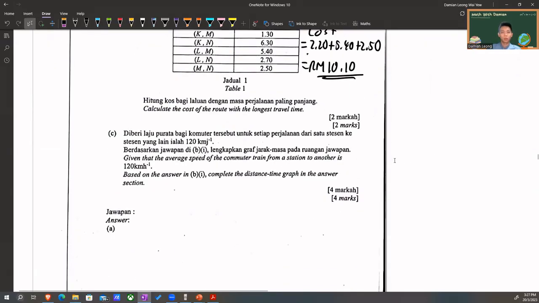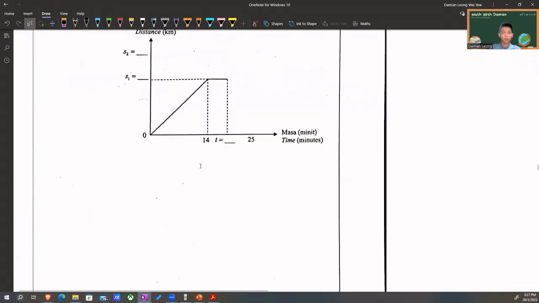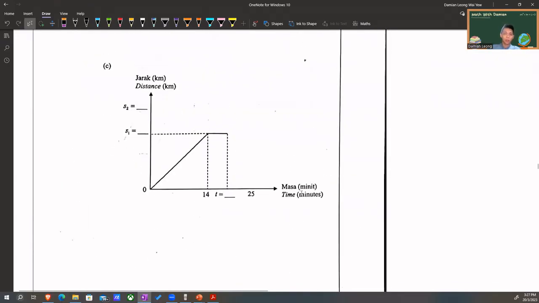And part C, complete the distance against time graph in the answer section. So given average speed of commuter train from a station to another is 120 km per hour. Average speed from a station to another. So this is distance against time graph.